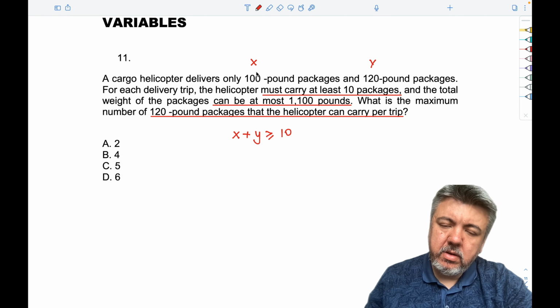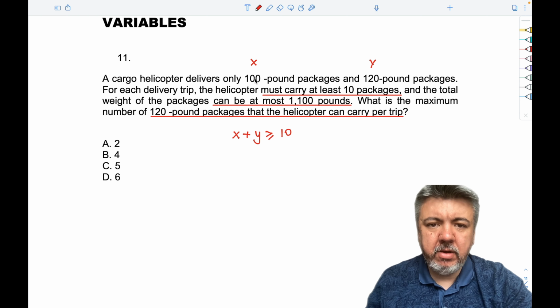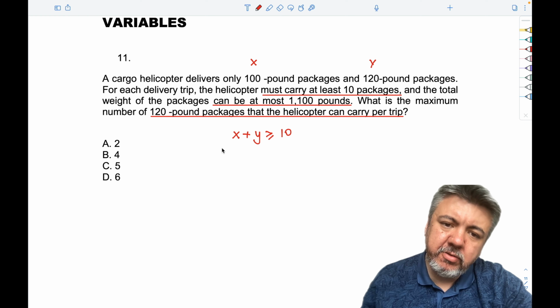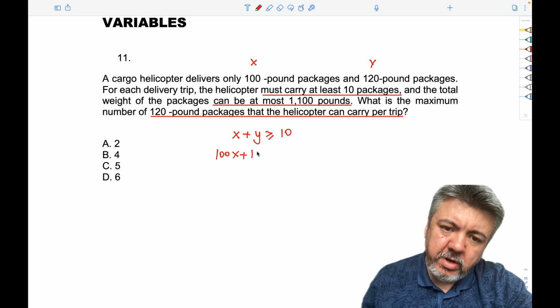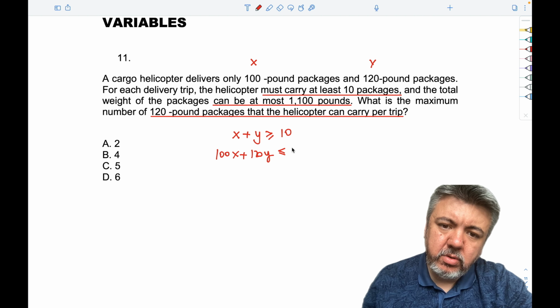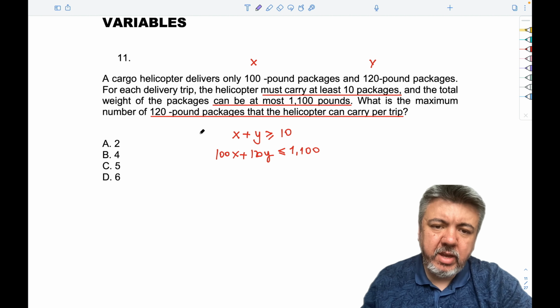And each package weighs 100 pounds, so x times 100 is 100x plus 120y less than or equal to 1,100. Okay, I will show you a trick here.